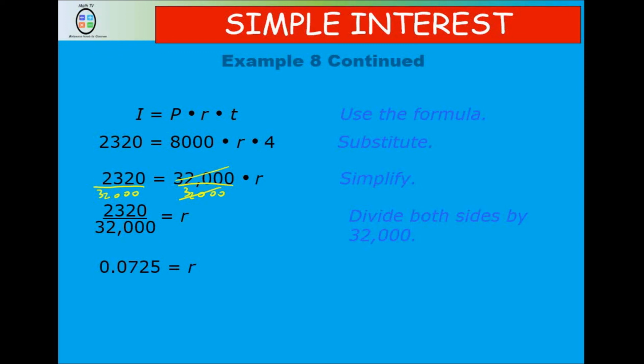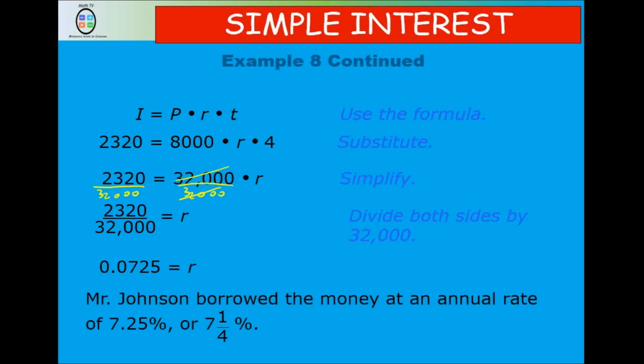But remember, that's the rate as a decimal. You can multiply it by 100 to get it as a percent. So Mr. Johnson borrowed at 7.25%. Really nice.